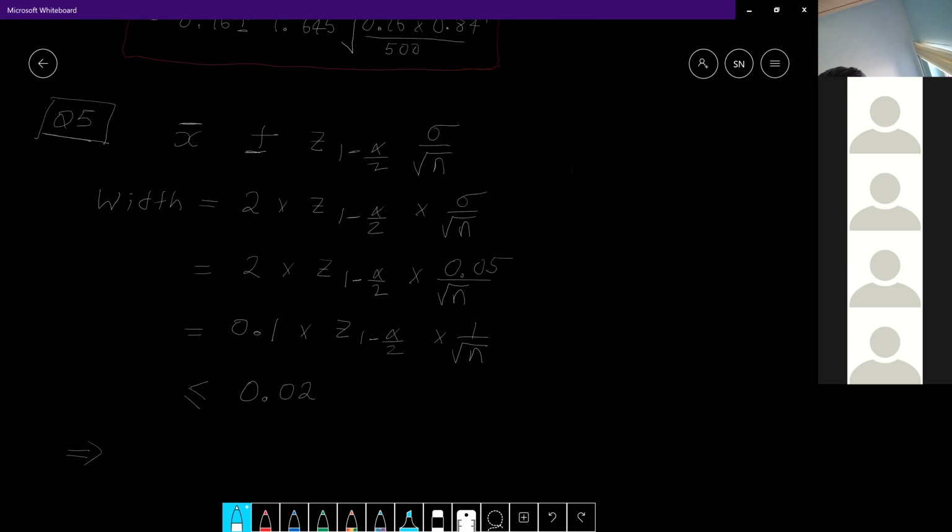This implies that you should divide by 0.1 on both sides.